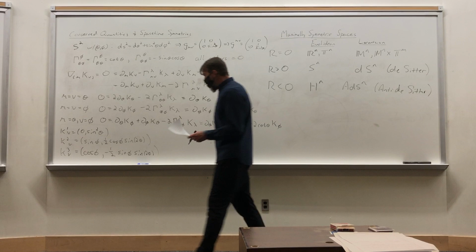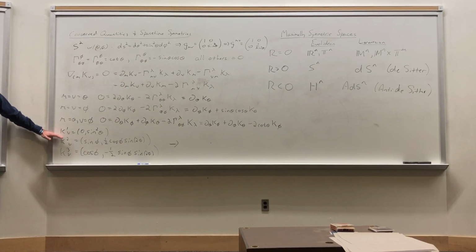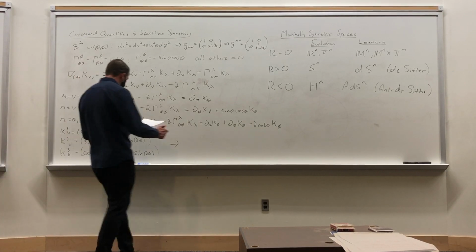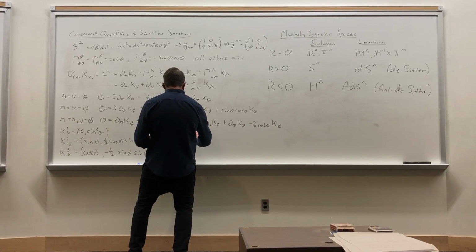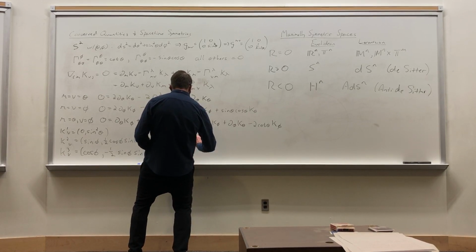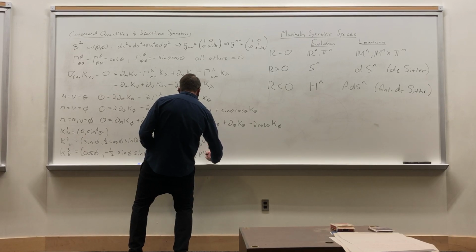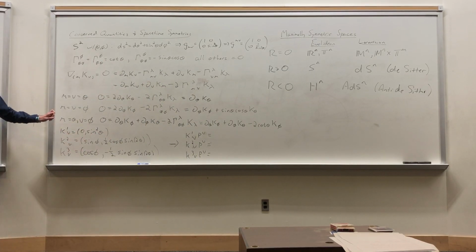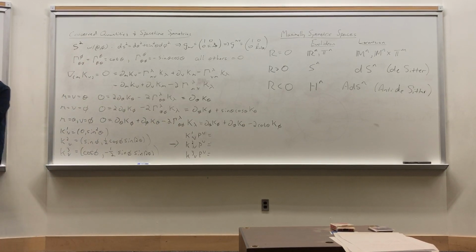Okay? Now, just to finish the story, remember that once you've found the Killing vectors, this tells you the momenta which are conserved by each of them. To figure out what component of momentum is conserved associated with each of these symmetries, I just take the dual Killing vectors and contract them with an arbitrary 4 momentum.